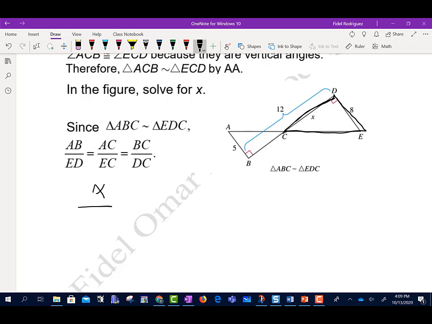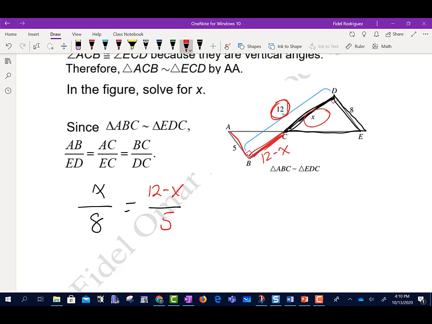So I'm going to say the ratio of x to 8 is going to be equal to, now I need to figure out how to write an expression describing this piece here. Well, if we know the whole piece is 12, and from here to here is x, then this piece we could write as 12 minus x. This whole thing minus this part will leave me what's left over. So that's going to be 12 minus x all over its base, which is 5.